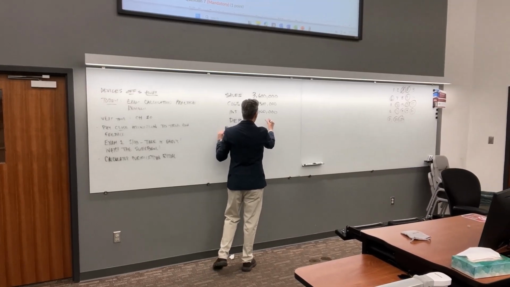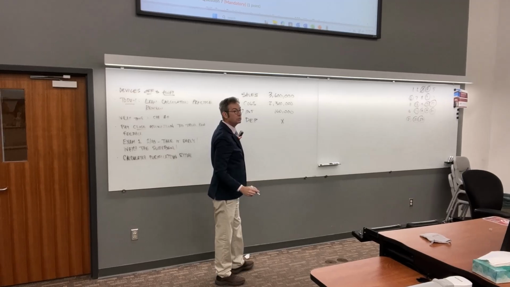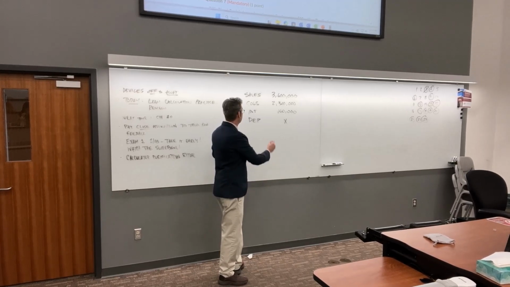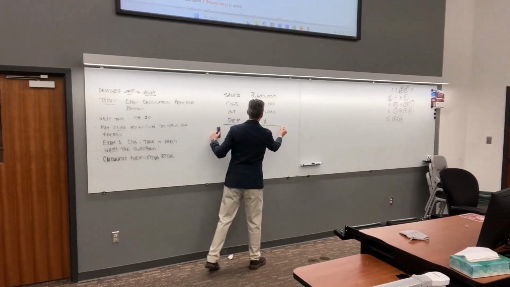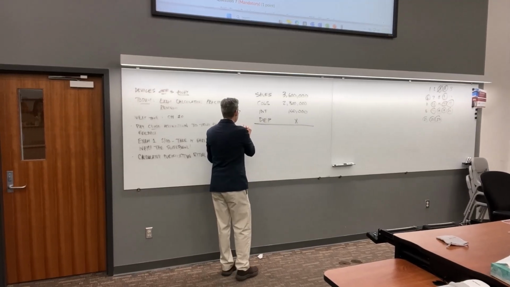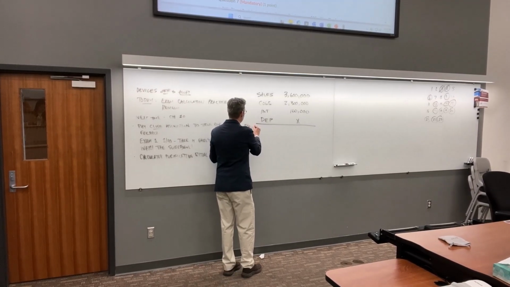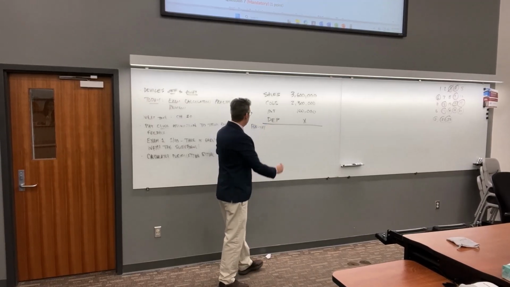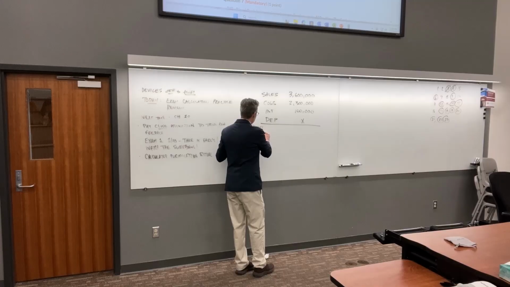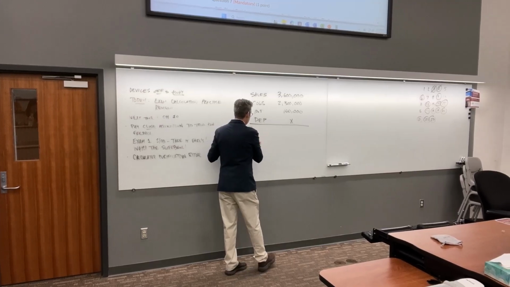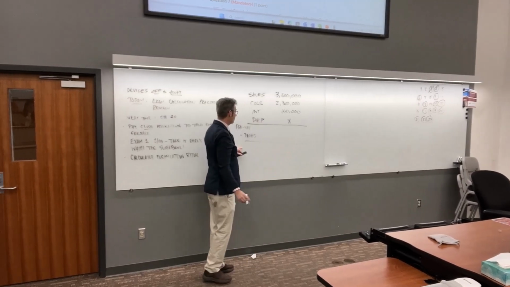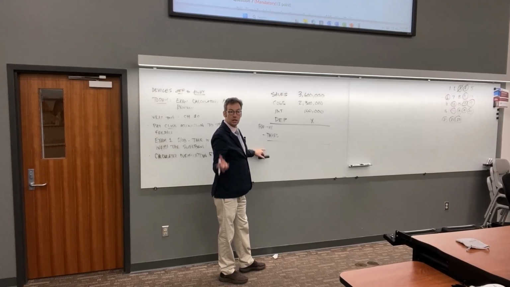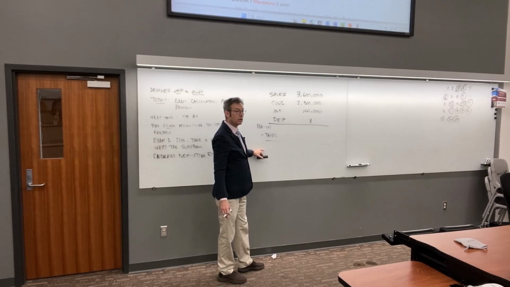And we're just going to call that X because we don't know what depreciation is. And then this is going to give us our pre-tax income. We do not know what that is yet, but we do know that if we subtract out our taxes, the thing that we wind up with on the bottom is called the net income, right?